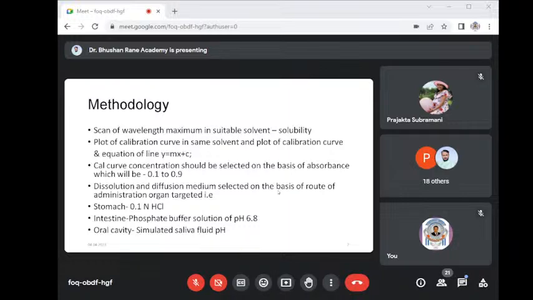Audible? Hello? Can I start? Is that issue resolved?